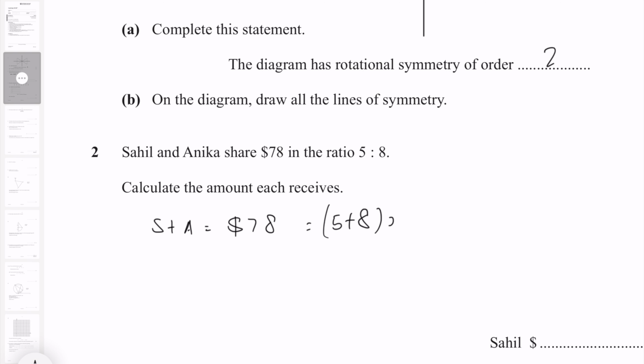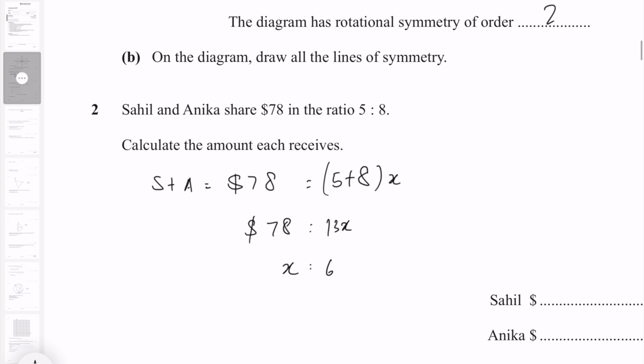So if I times that with x, it should equal 78. 5 plus 8 is 13. So I can say 13x equals $78. So x will tell me the size by which the ratio is growing. 78 divided by 13 is 6. Okay, so I know it's growing by 6 times.